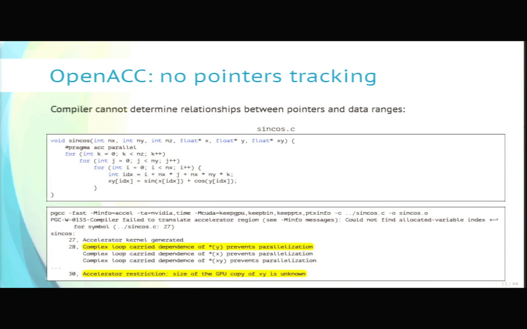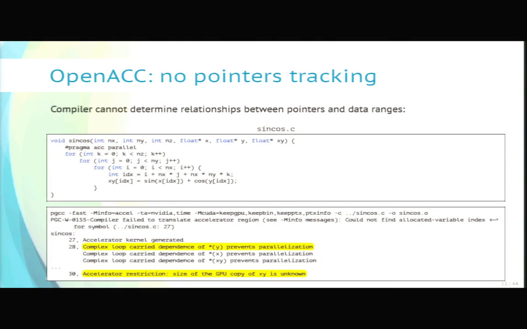Okay, so another problem is pointer tracking. For pointer tracking, we can consider such an example with 3 array pointers coming as an input from somewhere, we don't know their origin and can't track it. And these pointers are also used in a 3D computational loop.